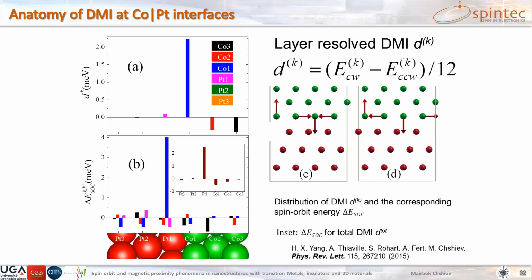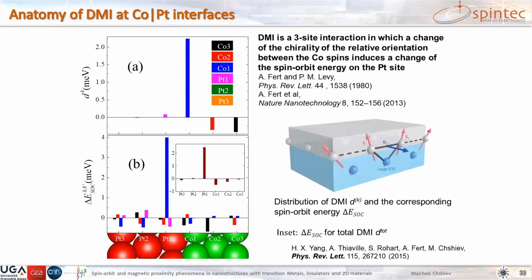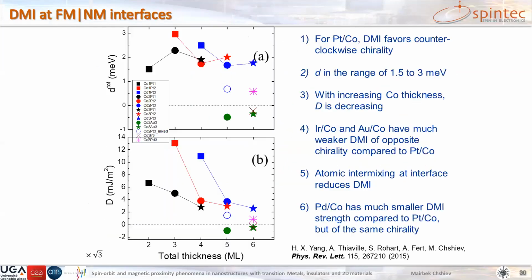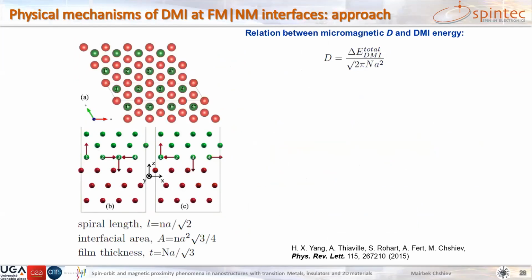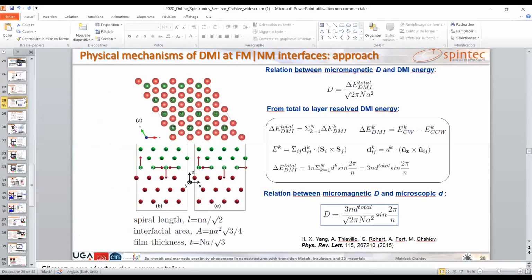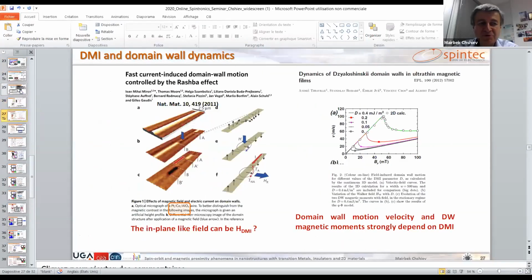And another thing, when you are talking about the VCMA coefficient, for DMI or for PMA, sorry? For PMA basically. So we need to consider the relative permittivity of the insulator, right? Sorry, could you repeat?